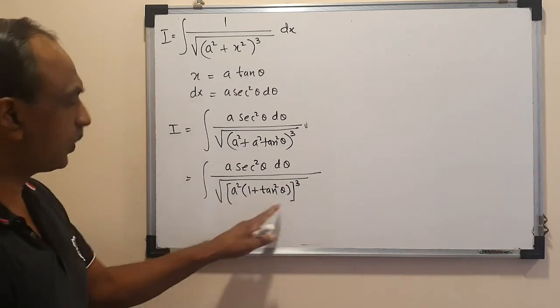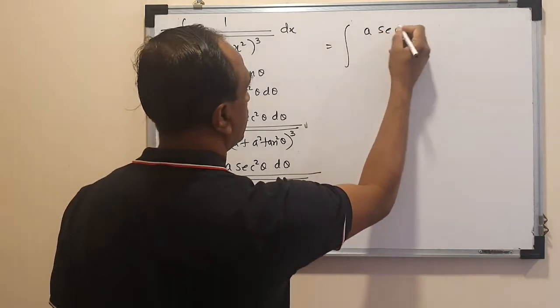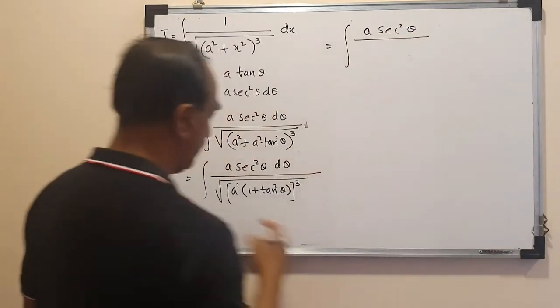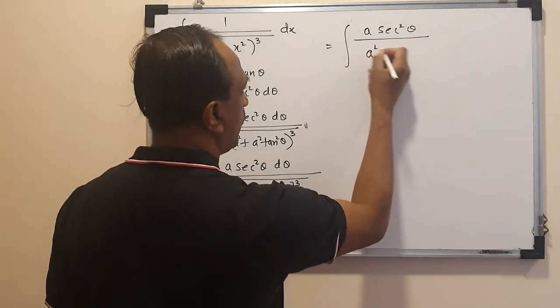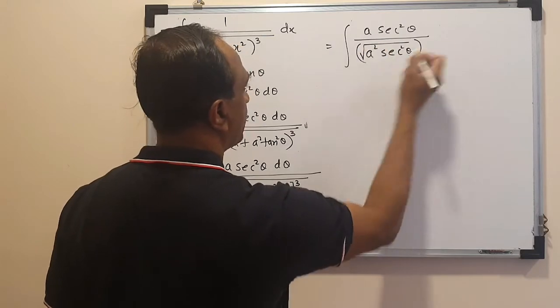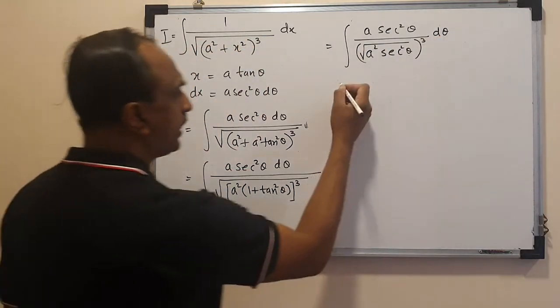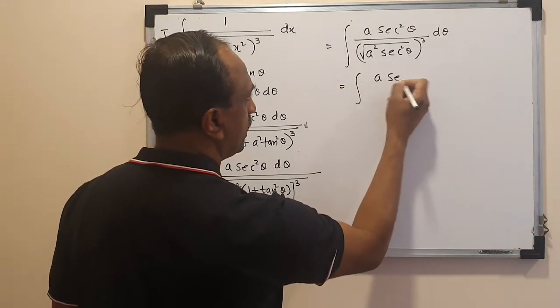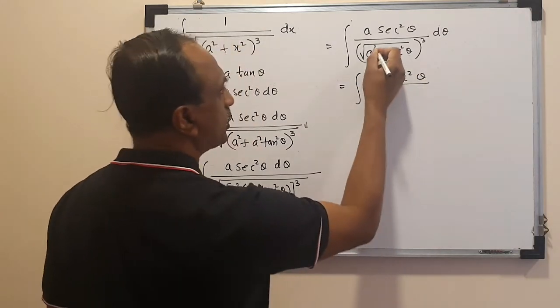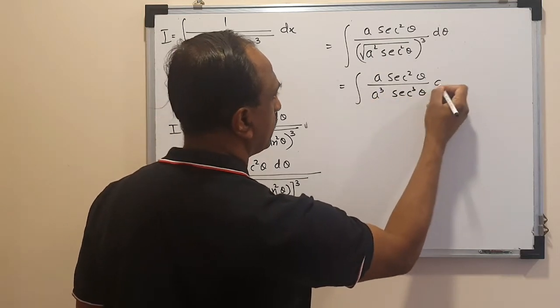Now this became sec square theta. So a sec square theta divided by a square sec square theta the whole square and the whole cube. I interchange the square root and cube. So square root and square will get cancelled. A sec square theta, now a square root is a cube, sec cube theta, d theta.